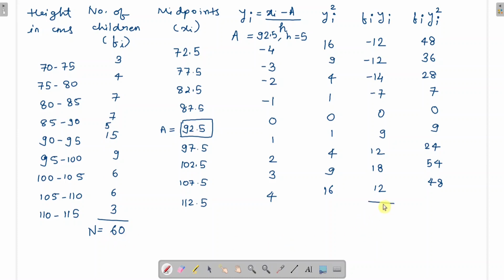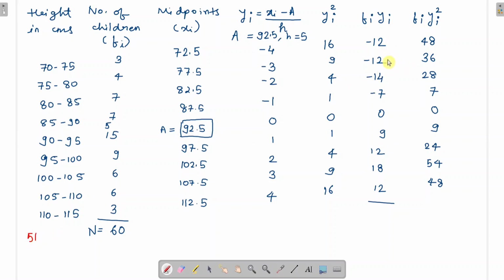Then fi yi we have to find. So for that, 9 plus 12 plus 18 will be 39, 39 plus 12 will be 51. So 51.